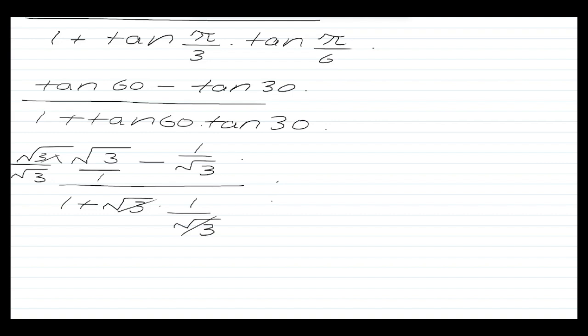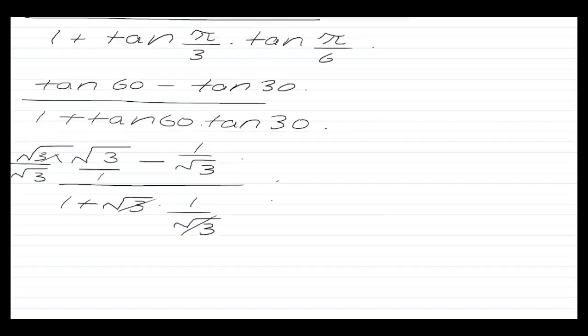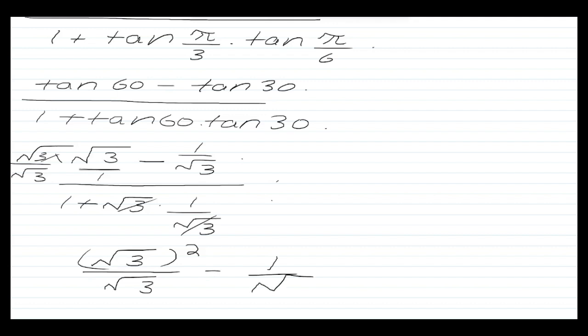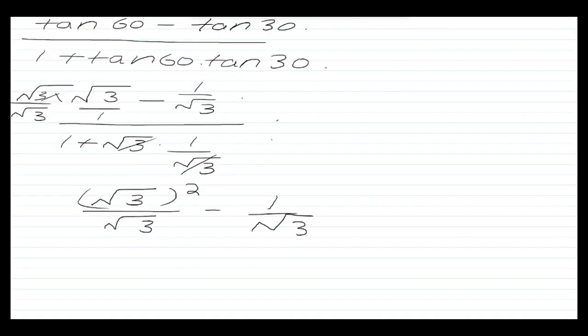So 1 plus 1 gets converted to 2. So what can we write here? We can write under root 3 whole power 2 divided by under root 3 minus 1 over under root 3, and then we will place up the denominator sign, and then we will write 1 plus 1 which is equal to 2.